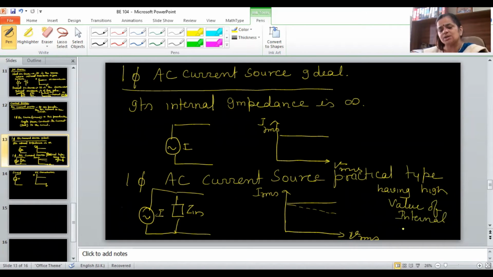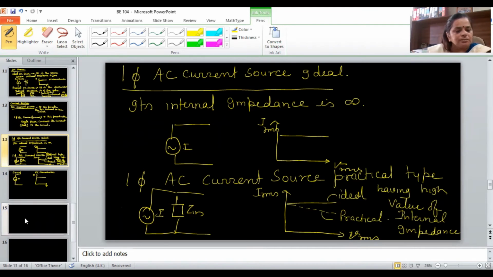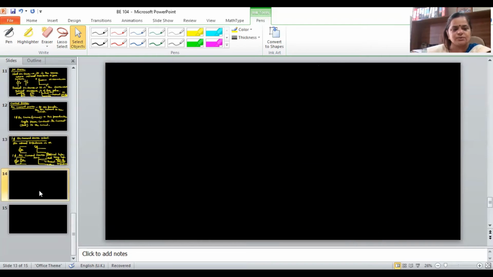Ideal is infinite, or practical is a high value of internal impedance. Okay, so this is for the ideal and this is for the practical current source. So that's it for the single phase AC current source.